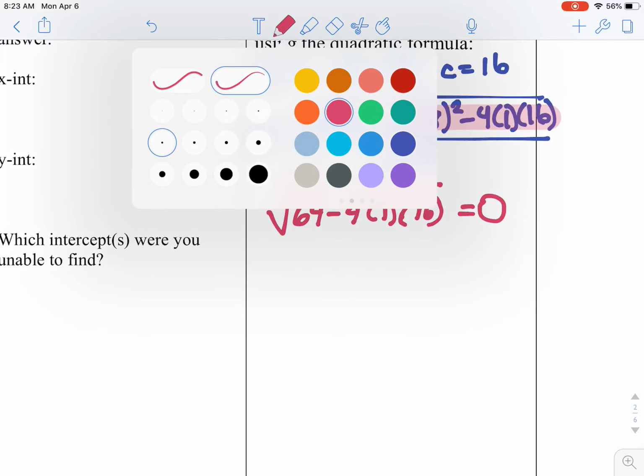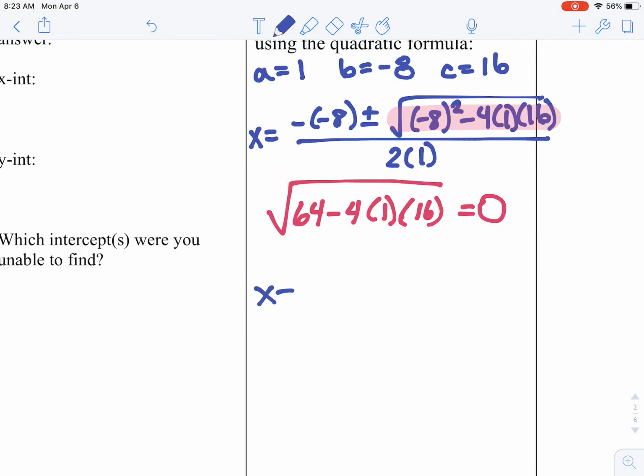All right, so then we are going to say x equals the opposite of negative 8, which is positive 8, plus or minus 0, all over 2. When you have plus or minus 0 here, this means I'm only going to have one solution.